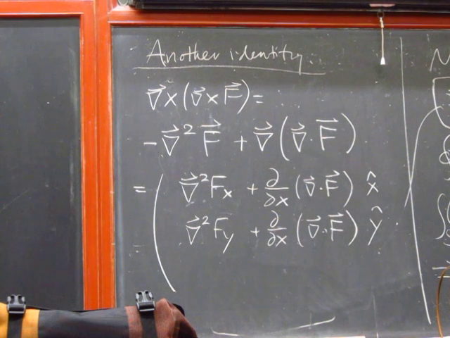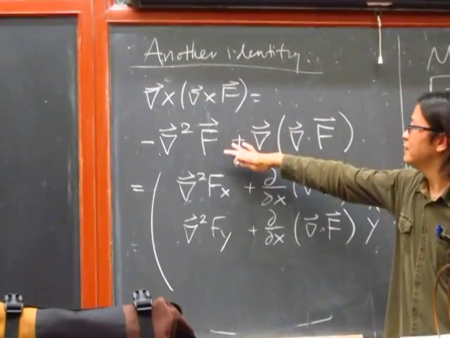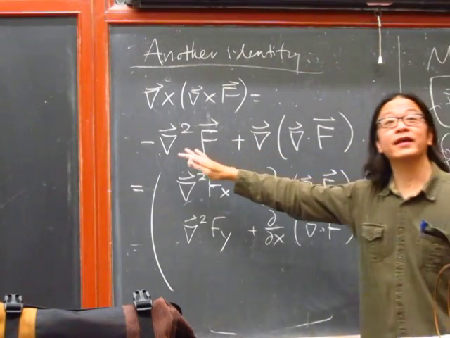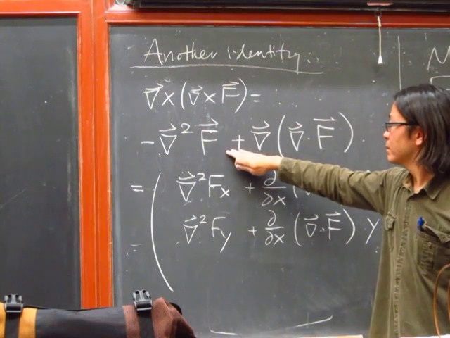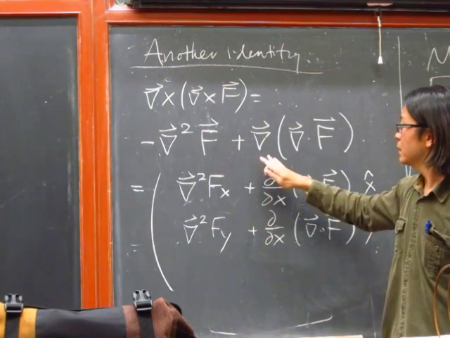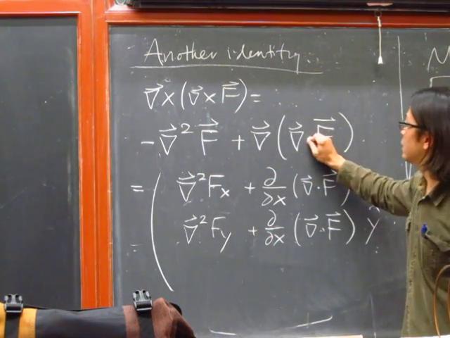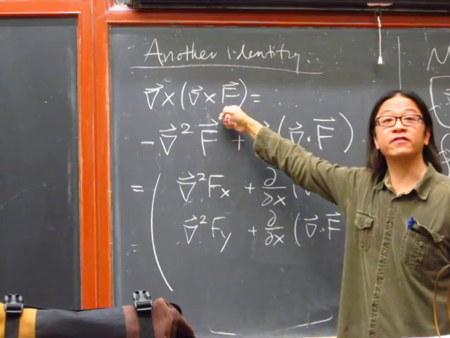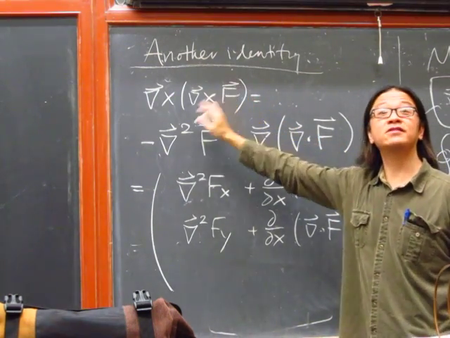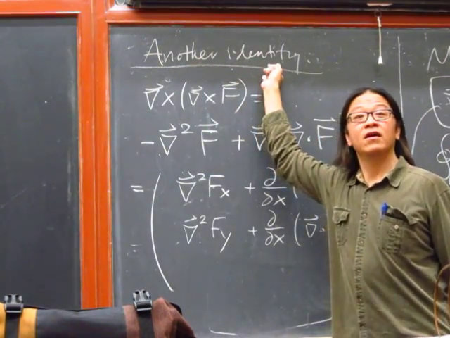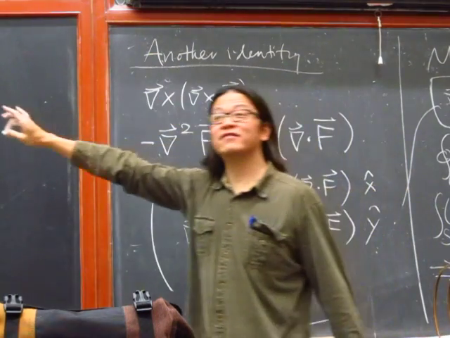I'm kind of confused. Isn't the gradient of the divergence what the Laplacian is? Wouldn't you just get minus del squared f plus del squared f equals 0 from that equation? No, this is any vector field. This is just a vector identity, nothing to do with vector potential or magnetic field.